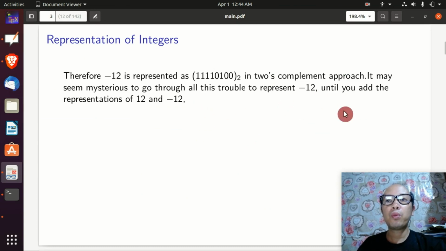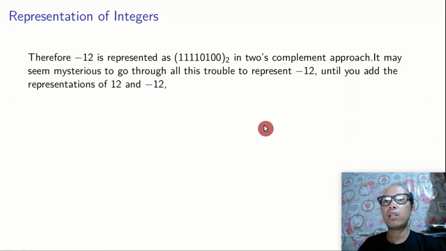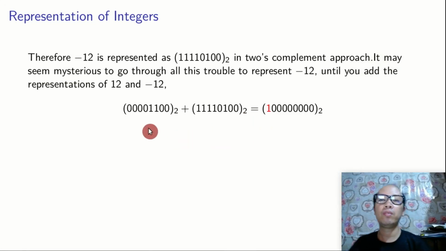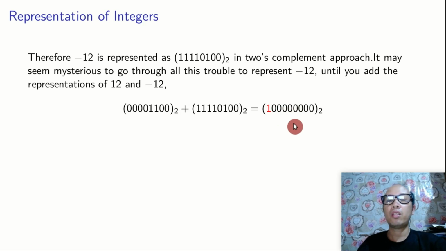Notice that if we add 12 and negative 12 using binary, you will have this one. Notice here that there are 9 bits already. We disregard the last bit, the red bit here, since we are dealing with an 8-bit computer system.